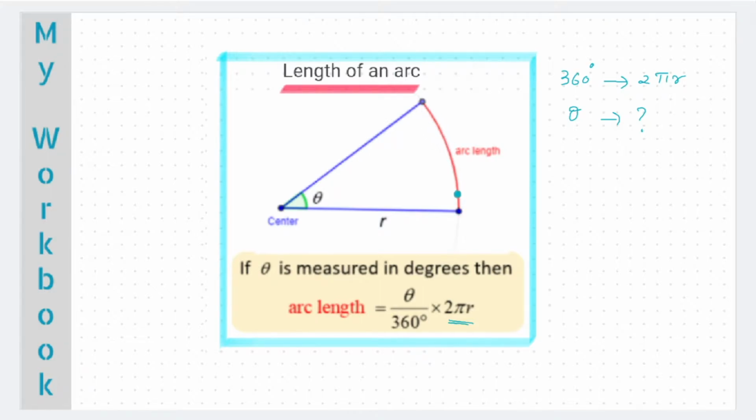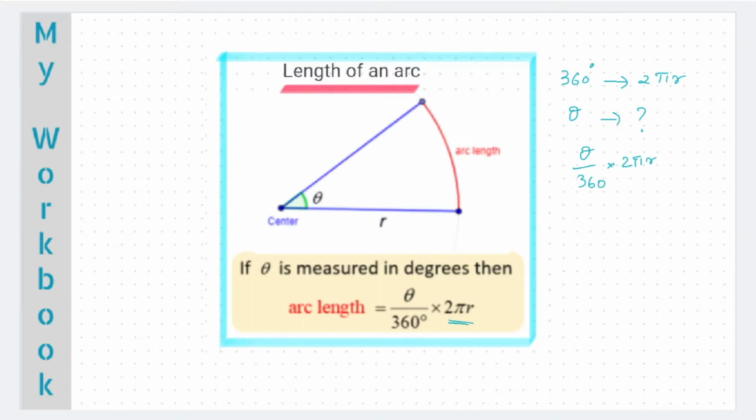It will be theta by 360 into 2 pi r. So we have seen how to find the area of a sector and length of the arc.